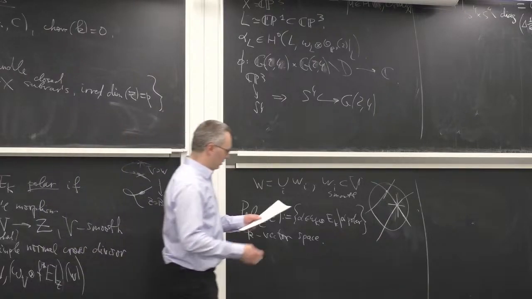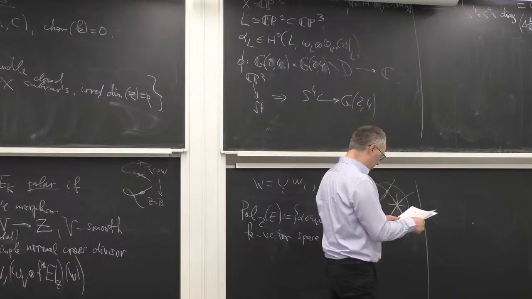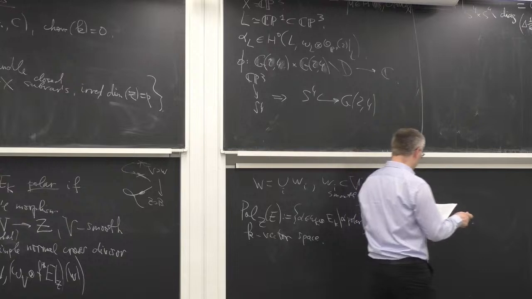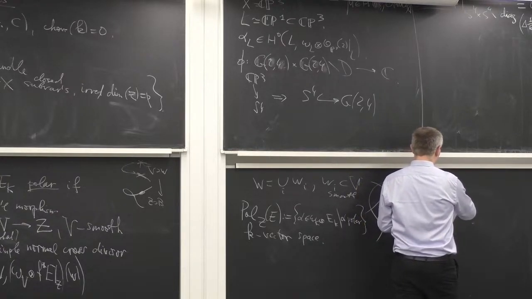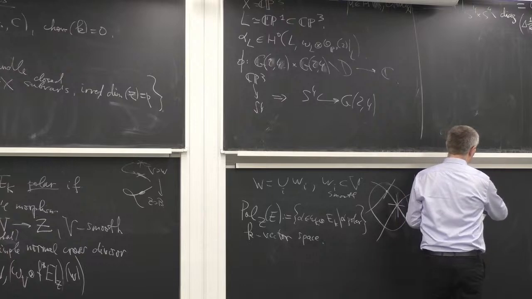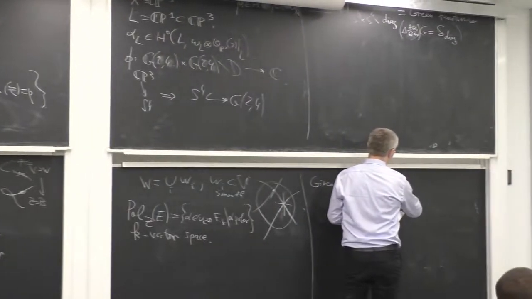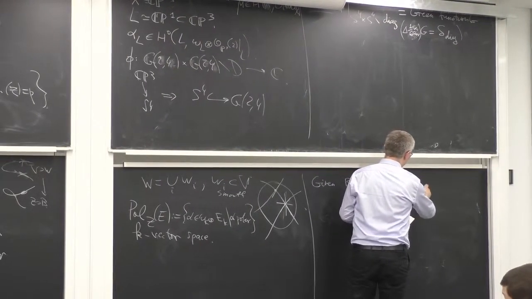And the point is that out of this you can cook up a complex. So the construction is that, given B inside Z, let B be of dimension less by 1.